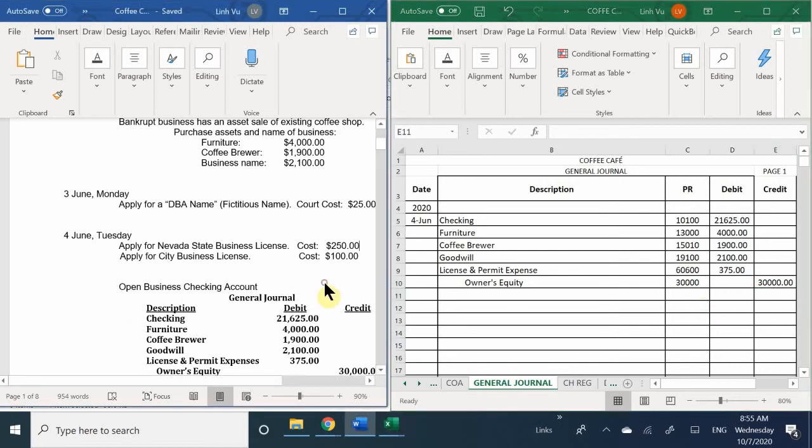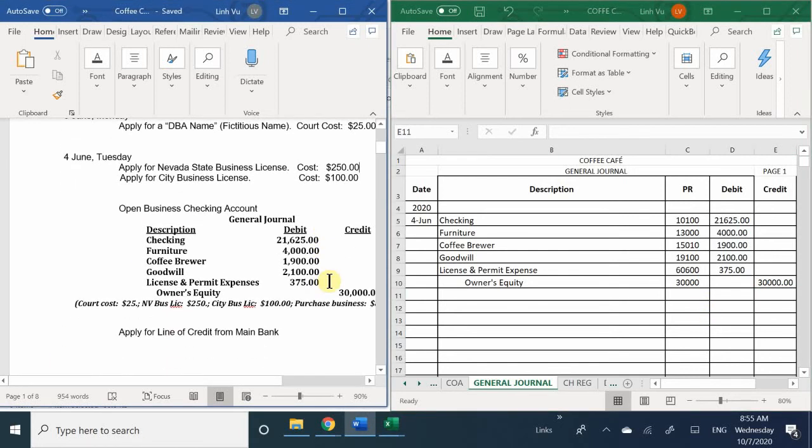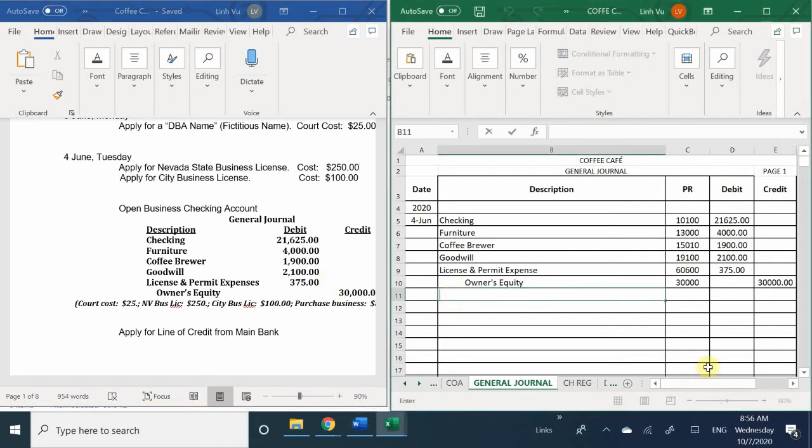Good. And then now we got to write our little description, right? We got to write that we had court costs, okay? We had a business license, and we also have a city permit, and we also purchased the business, okay? So, you could go ahead and fill it in right here.